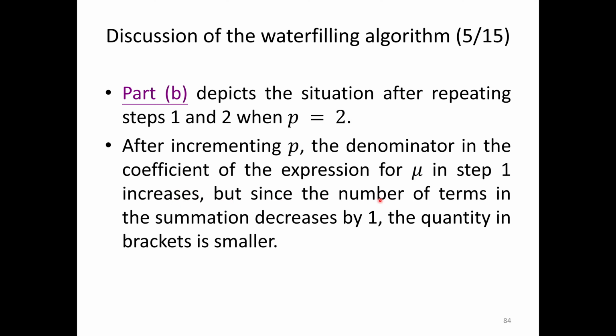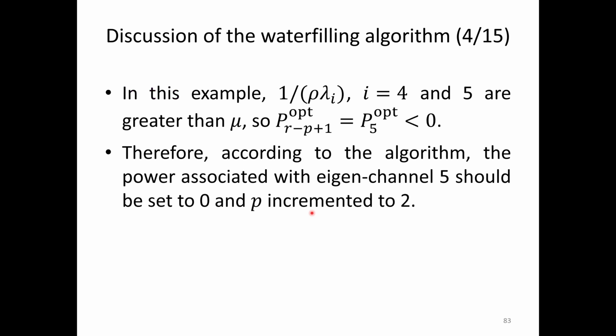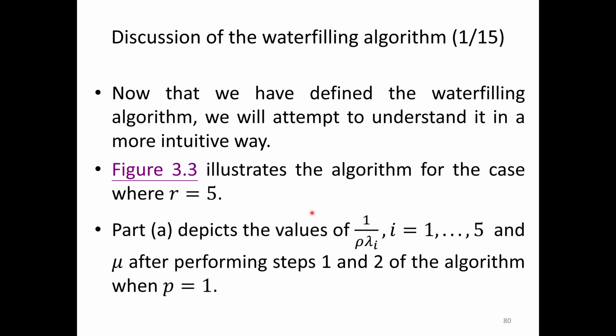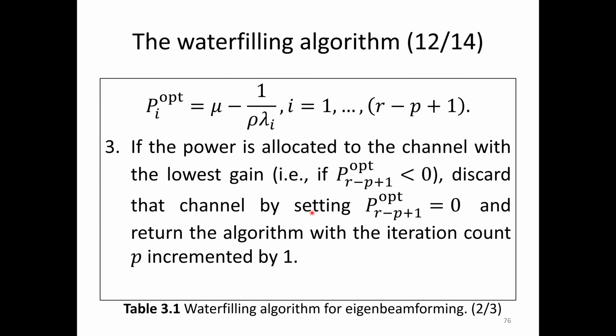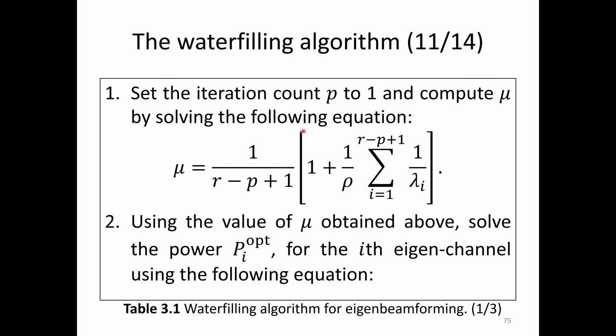But since the number of terms in the summation decreases by 1, what does this mean? Let us go to step 1 again. In this summation, the number of terms in part A is equal to 5.